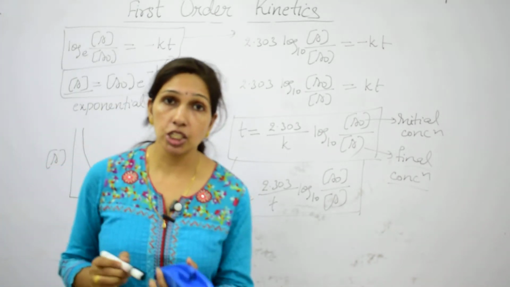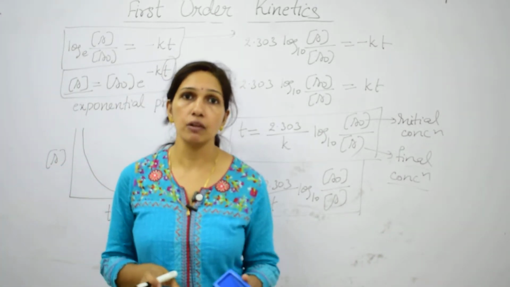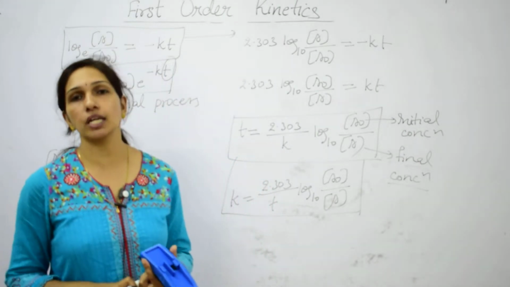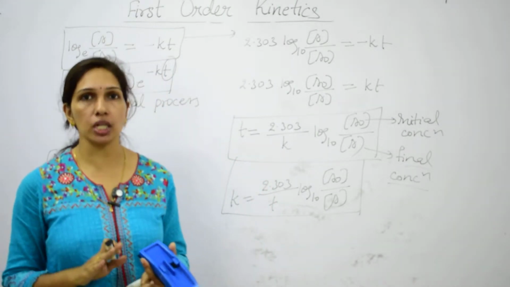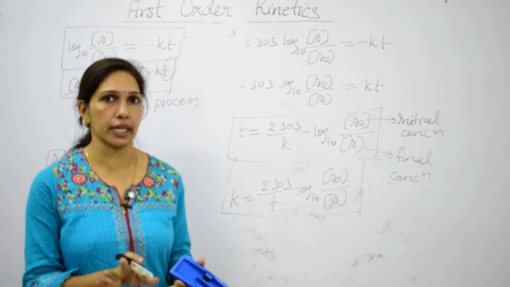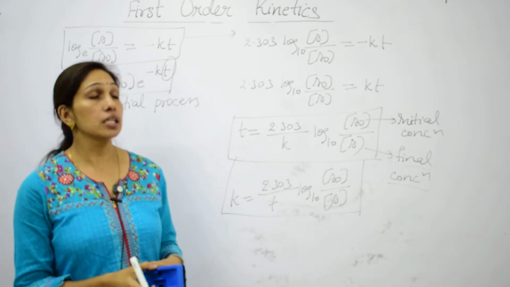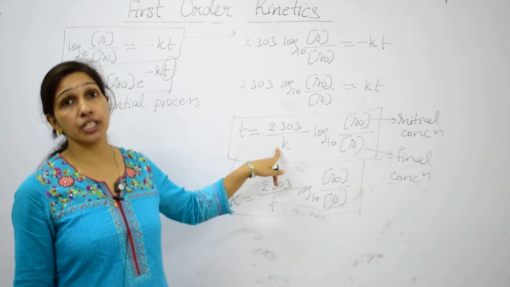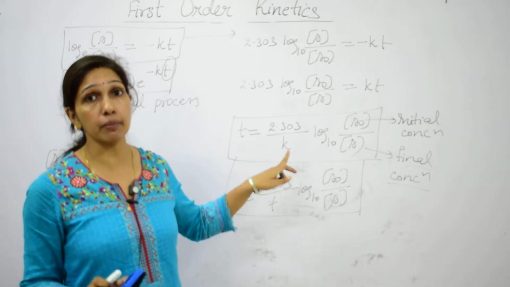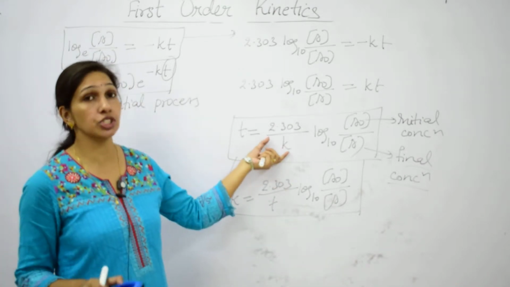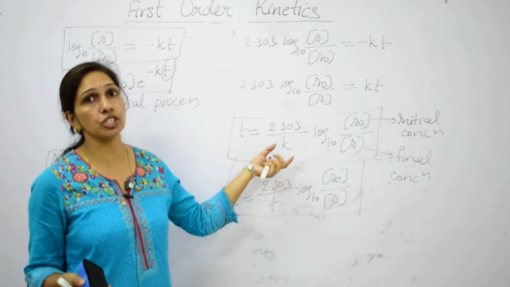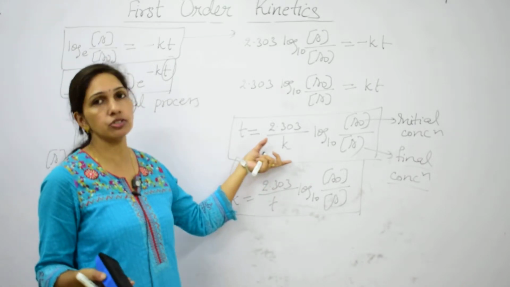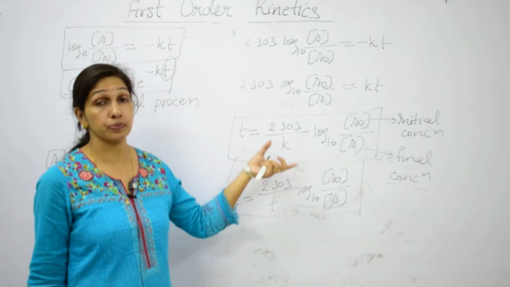The main characteristics of first order reaction are, first, the rate of reaction only depends upon the concentration of one of the reactants, and the unit of rate constant k is time inverse. Unit of rate constant k is time inverse, it means second inverse, minute inverse or hour inverse.